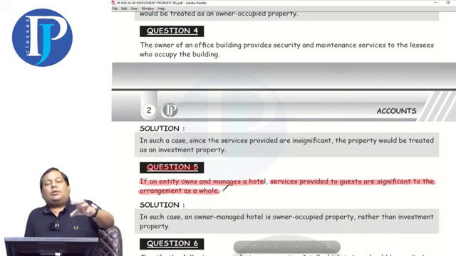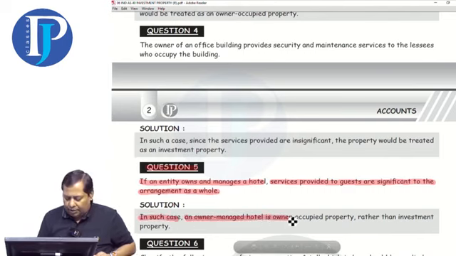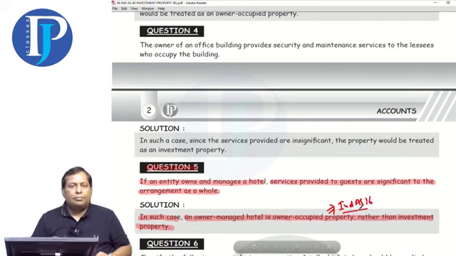Then in such case an owner managed hotel is an owner occupied property rather than investment property. We will be applying here, Ind AS 16. It's a business.